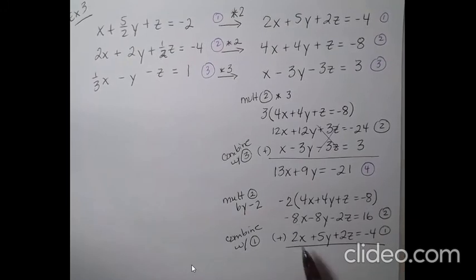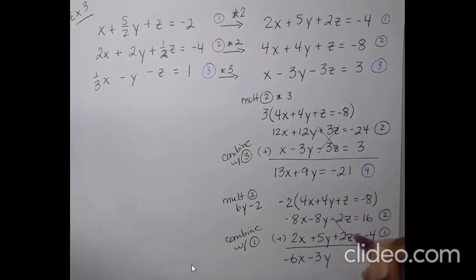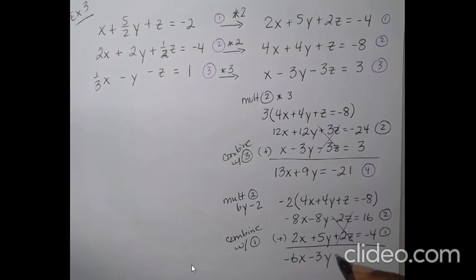Combining these by adding: negative 8x plus 2x is negative 6x. Negative 8y and 5y is negative 3y. The negative 2z and positive 2z cancel, equals positive 12. Wait a minute. Trying to make sure I didn't make an error here.